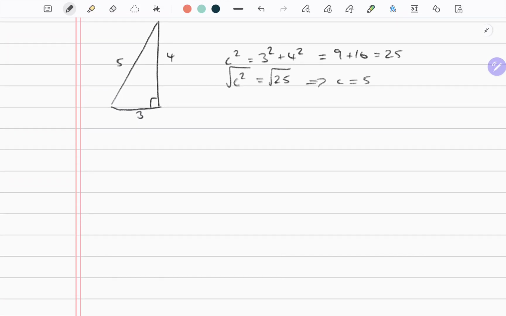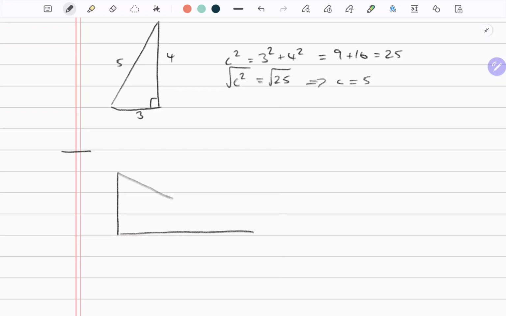But we're going to delve a little bit deeper, especially in the next couple of videos. You might end up with a right angled triangle, if I can draw one. Let's say you're asked to find this, but you're given one side length and the size of an angle.